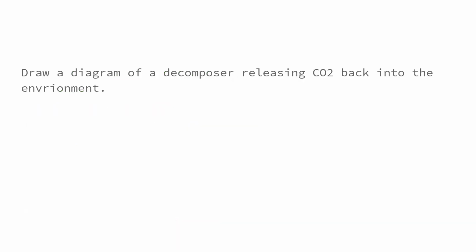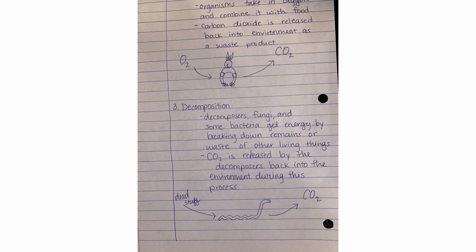Okay, now you would draw a diagram of a decomposer releasing carbon dioxide back into the environment. So we'll go to the handwritten version here. Here's the third process, decomposition. This is where decomposers, fungi, and some bacteria get energy by breaking down remains or waste of other living things. And then once they're broken down, the CO2 is released by those decomposers back into the environment during this process.